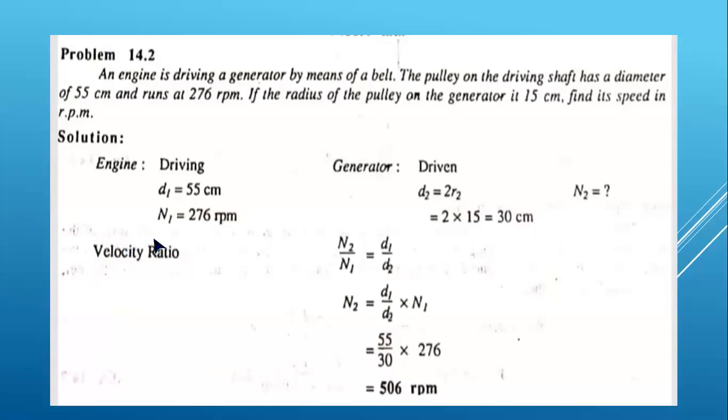First calculate the speed, that is d1 by d2 into n1, 50 by 30 into 276. You have the speed of the driven pulley as 506 RPM. In the same way, you may have a problem in the examination, a simple problem, direct substitution.